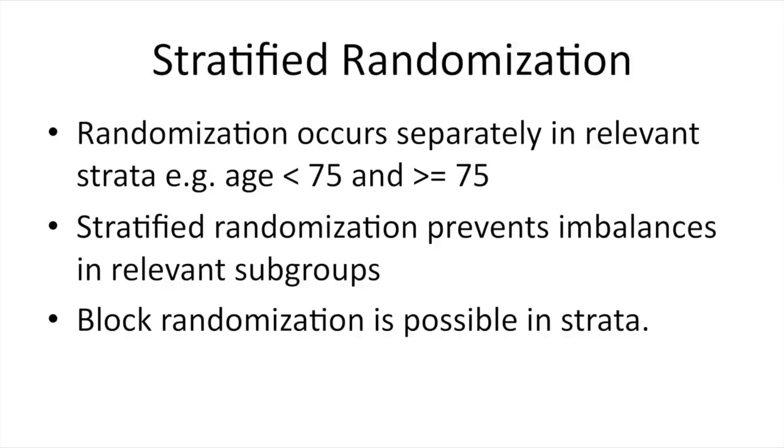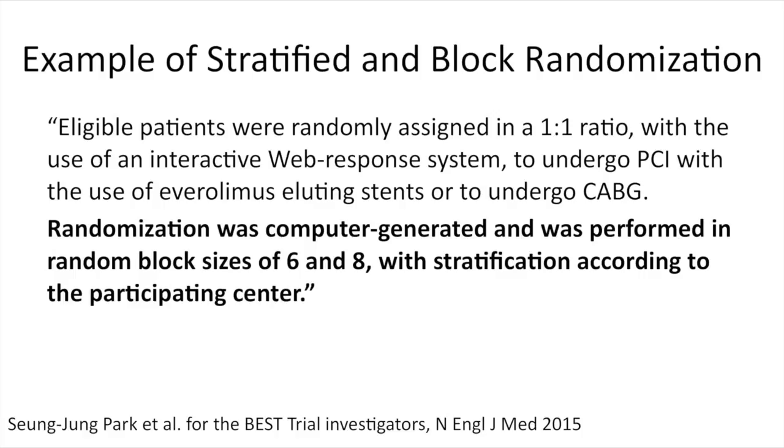Stratified randomization means that we separately randomize in relevant strata, and it prevents imbalances in relevant subgroups. And you can also do block randomization in the subgroups. This makes sense. Here we have a very recent example. That's the BEST trial, which has now been presented at the ACC and is published in the New England Journal of Medicine.